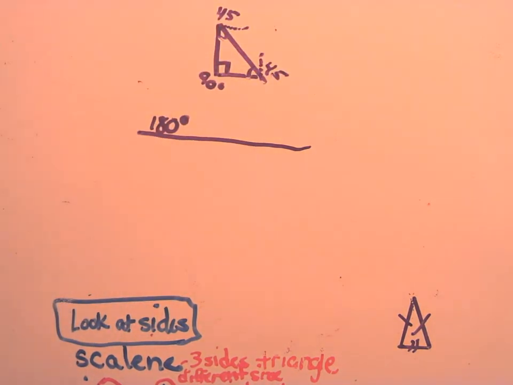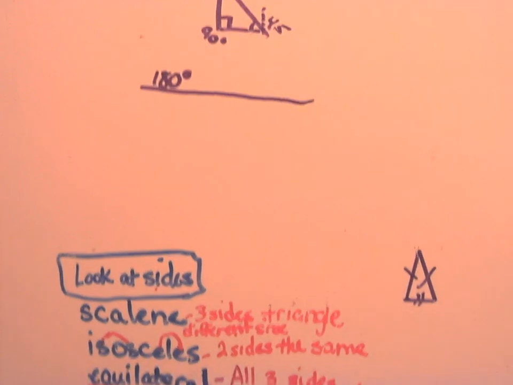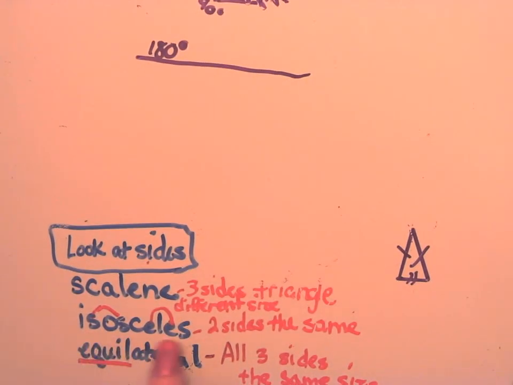It would be too much if I did anything more. What is the name for a triangle that has at least two sides of equal length? Remember that word down in the bottom corner here? Isosceles. Isosceles triangle. Okay.